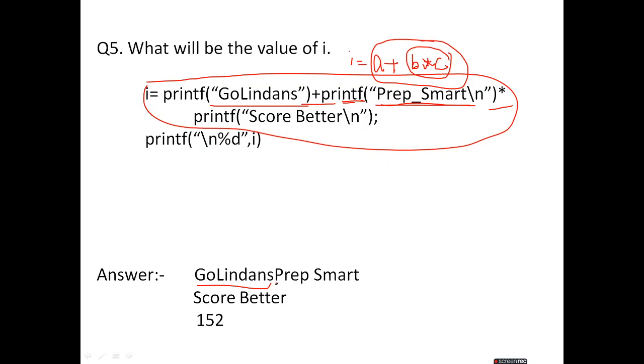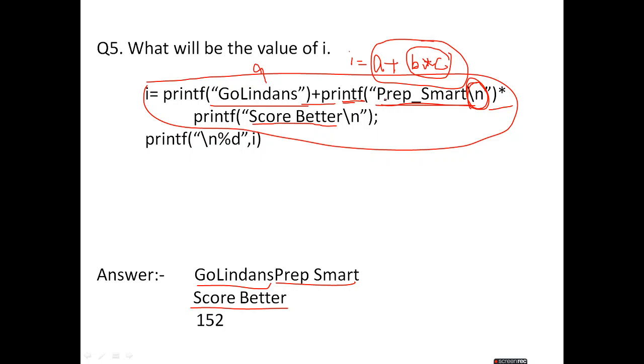After that there is a new line, a special character called the new line character. Then it goes to a new line and prints the score better. After this printing, the screen returns the count of processed characters: 1, 2, 3, 4, 5, 6, 7, 8, 9. So a total of 9 characters is processed here.